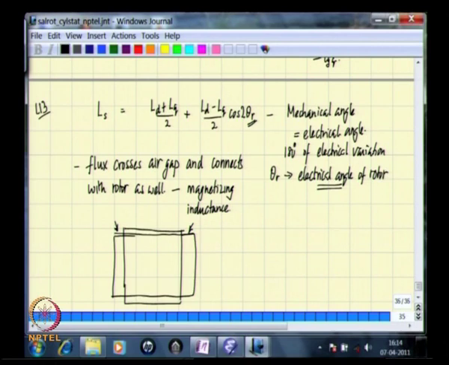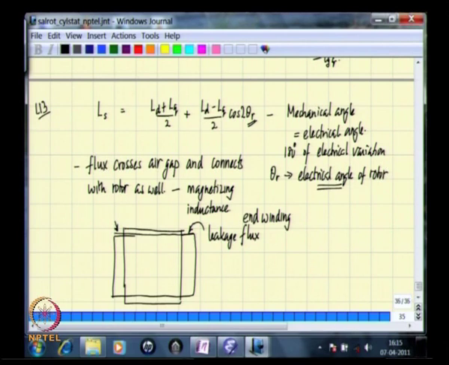So, such flux lines will essentially be grouped under what is called leakage flux, and this leakage flux in machines can happen at a variety of locations. This particular location is called end winding leakage flux or the overhang leakage flux.